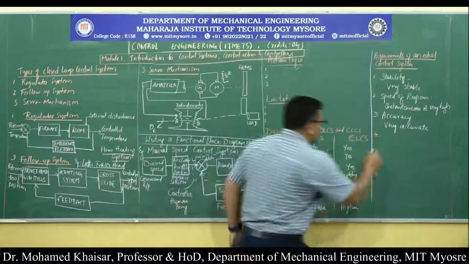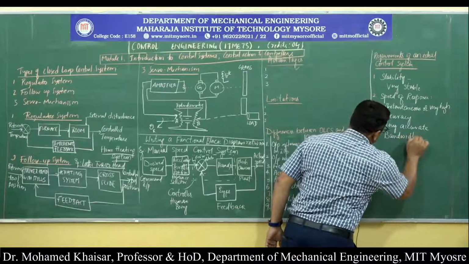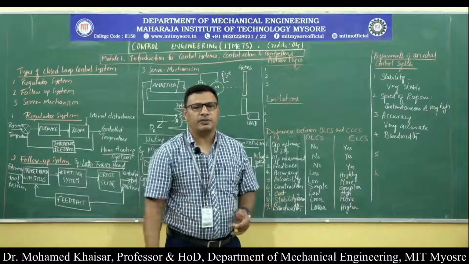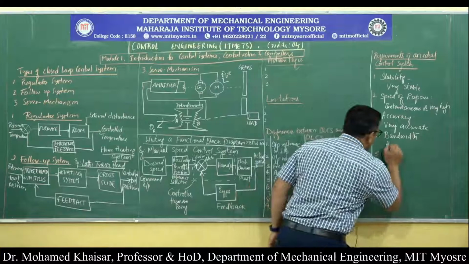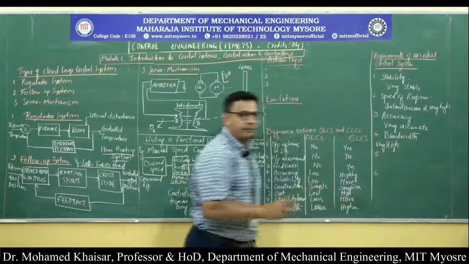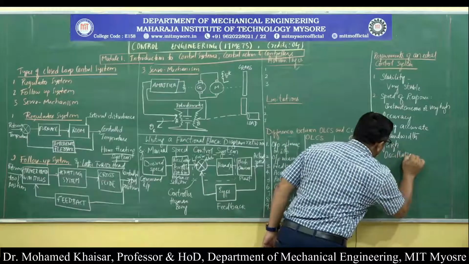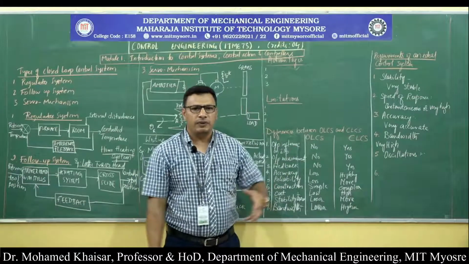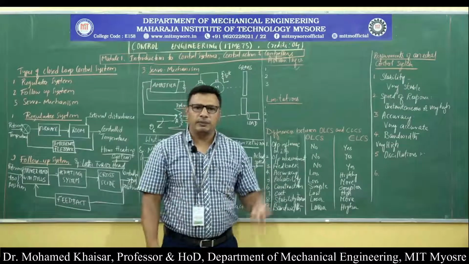Then the fourth important requirement is the bandwidth. The range of frequencies between which the system must be able to operate must be very wide. So bandwidth for a good control system should be very high. The next important requirement is oscillations. Whenever we give the input, or due to any external disturbances, oscillation of the system performance should not be there.